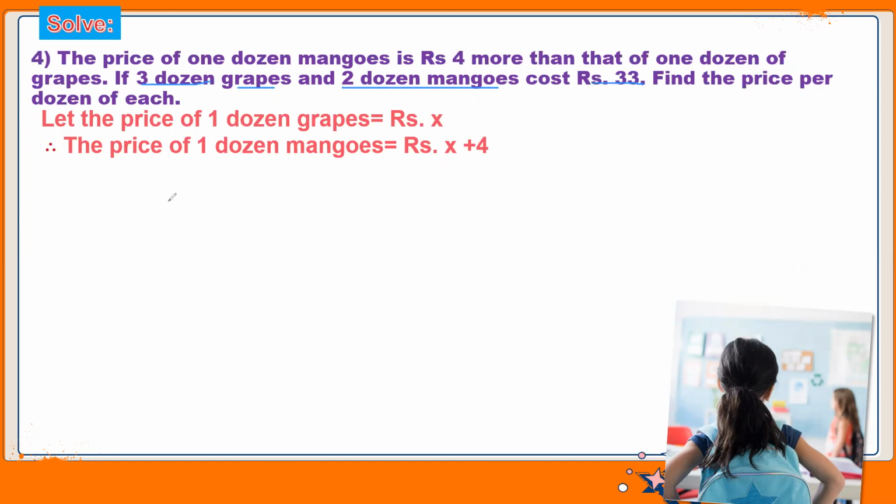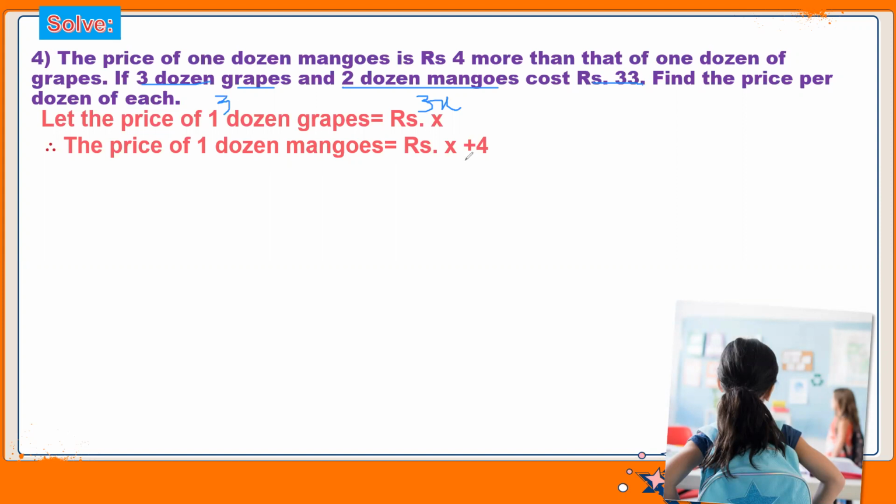If the price of 1 dozen is rupees X, what about 3 dozen? It becomes 3X. Now, 2 dozen mangoes.